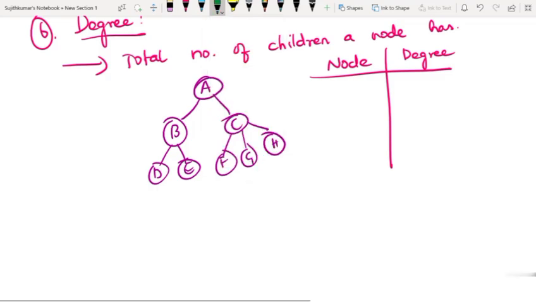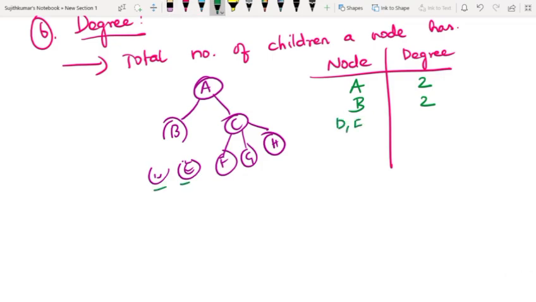Node A has two children, right? You have to consider only the children which are directly connected to A. So in that sense, A has only two children. So A has two. B again has two children only. So B has two. And D and E don't have anything.